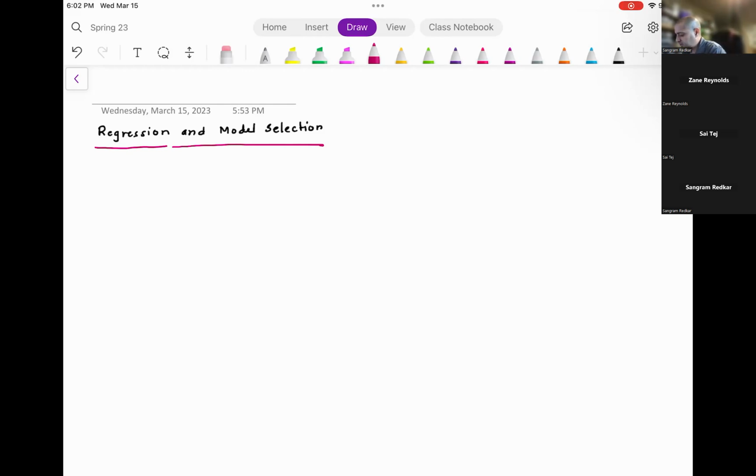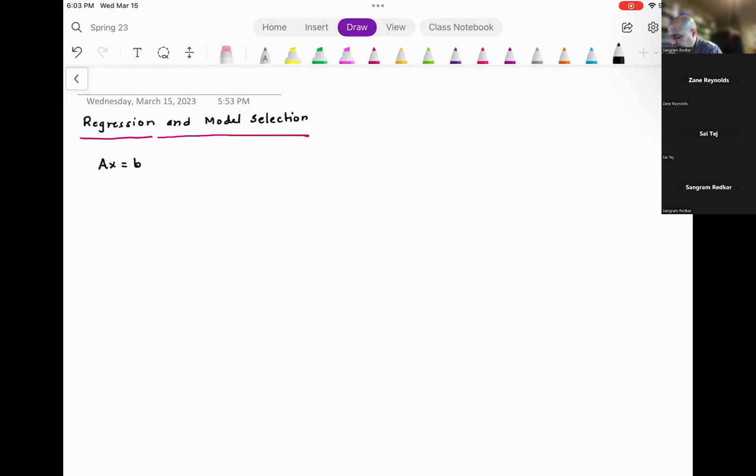Again, some of the material that we are going to talk about, we have seen this already. For example, we start with an equation Ax = b. Now, if A is given, b is given, and the dimensions match, then probably we can use some type of technique for simultaneous equations, some type of matrix algebra to find the value of x.